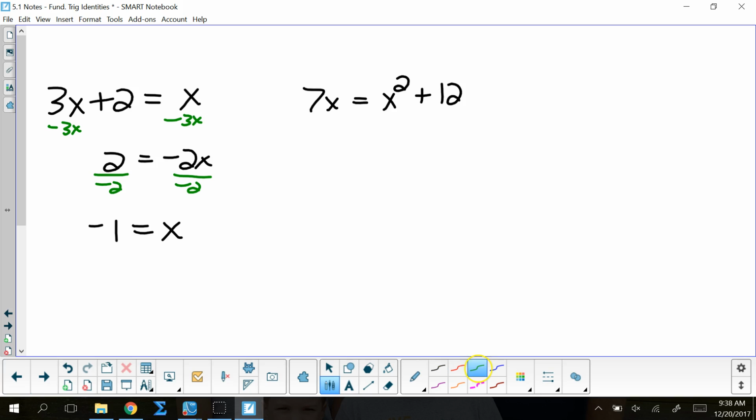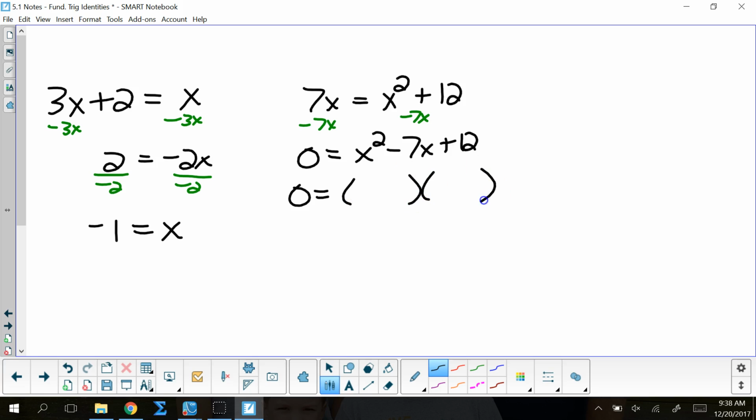So you would subtract 7x, and then that becomes 0 equals x squared minus 7x plus 12. You can see if you can do that factor thing, if I can double parenthesis it. Is it double parenthesable? What if it's not?